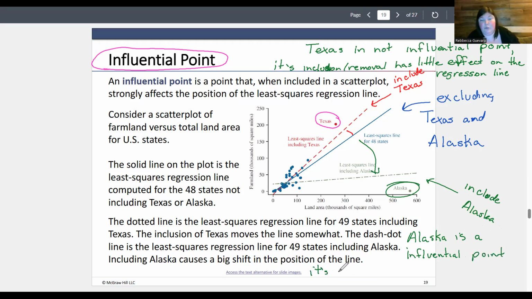Once again, its inclusion or removal, so whether it's there or not, has a big impact on the regression line.